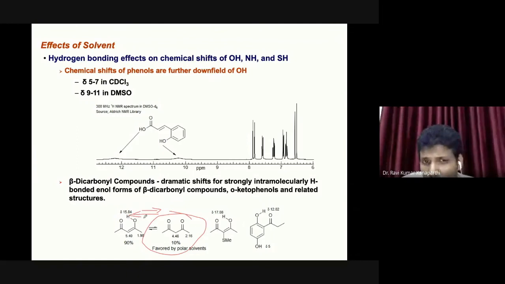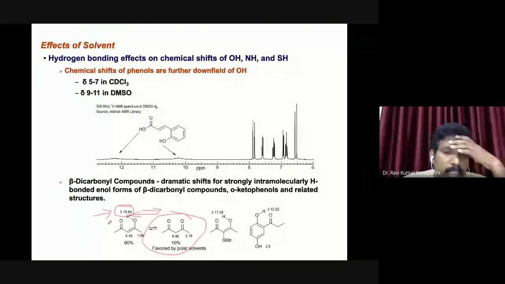Now, the point I want to bring to you is that the OH proton of the keto-enol tautomer will be seen at very high chemical shift values. How much is it? It is 15.84, which is very, very high.